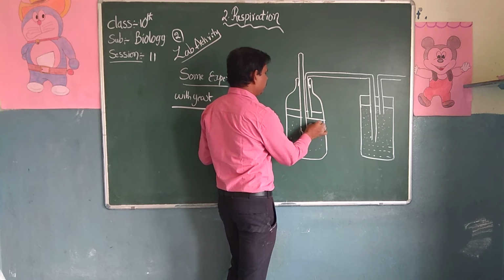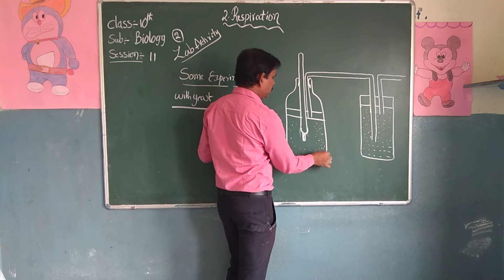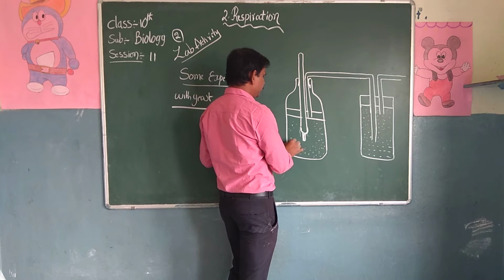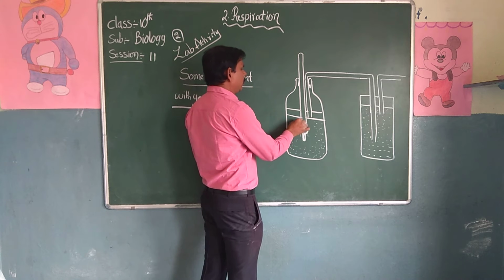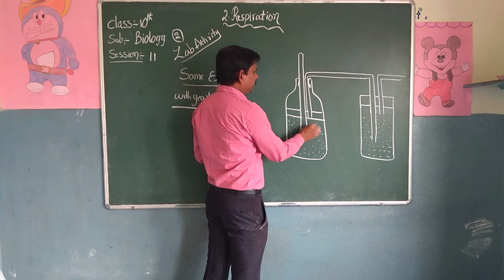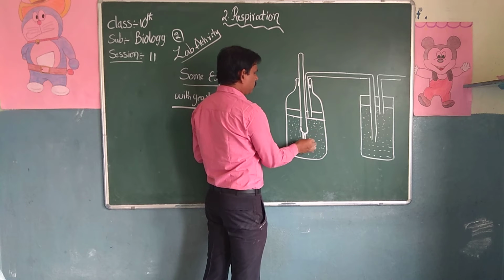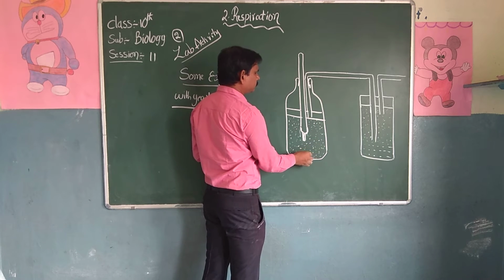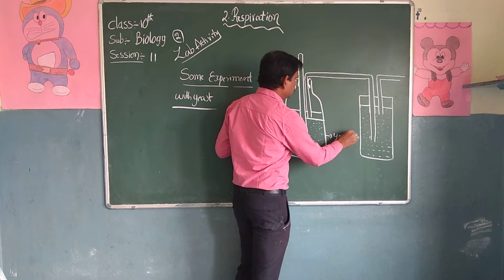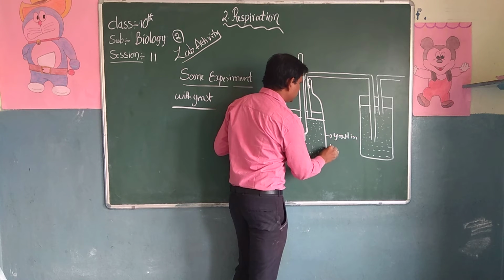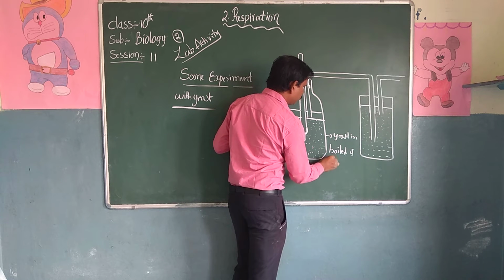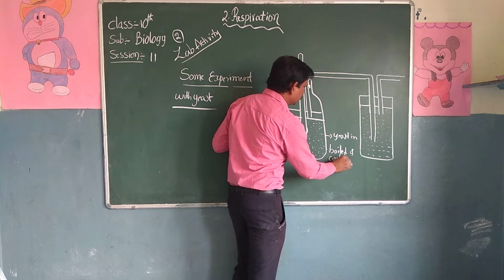So what materials are required? One conical flask, bell jar, which is made of glass. Thermometer should be taken. Yeast in boiled and cooled glucose.